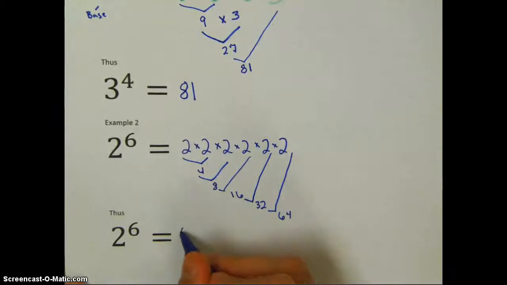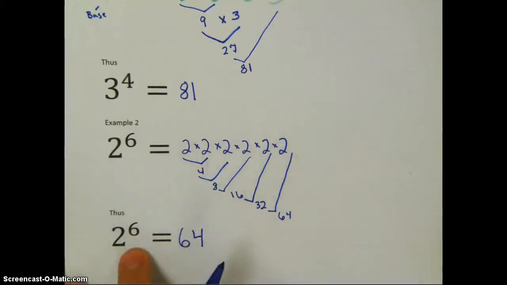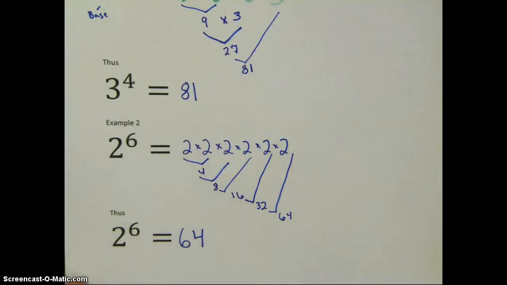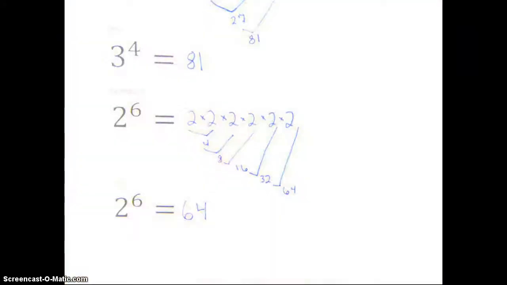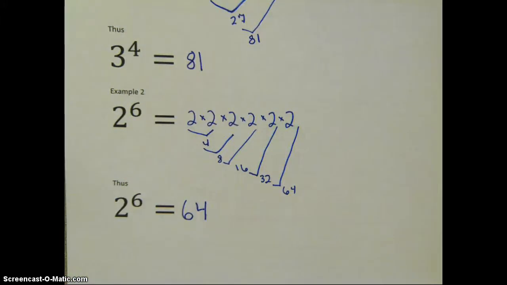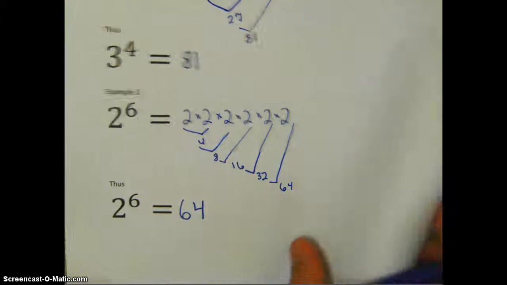So if you were told to evaluate 2 to the 6th power, your answer would be 64. That's why we can't be thinking that 2 to the 6th power is just 12.